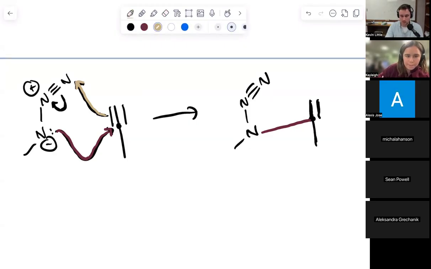What is it using it to do? To make a bond with nitrogen. This arrow started where? It started from the triple bond.